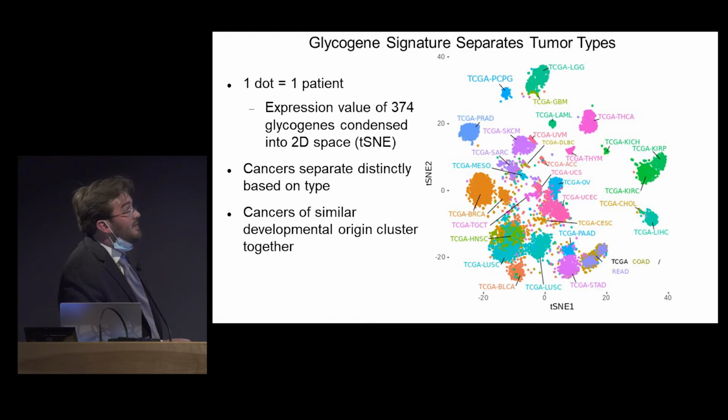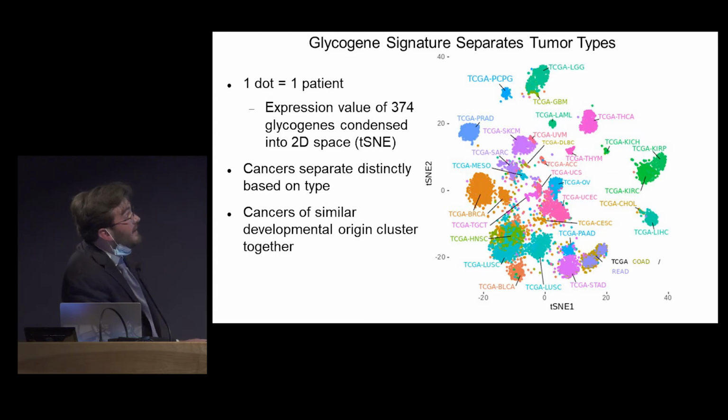Cancer Genome Atlas patients. One dot in this plot represents one cancer patient. And what I'm doing is I'm taking the expression values of all the glycogenes, all of the genes involved in glycosylation, and I'm measuring the similarity between every single patient. And that creates a plot like this, and every color that you see is a different cancer type.